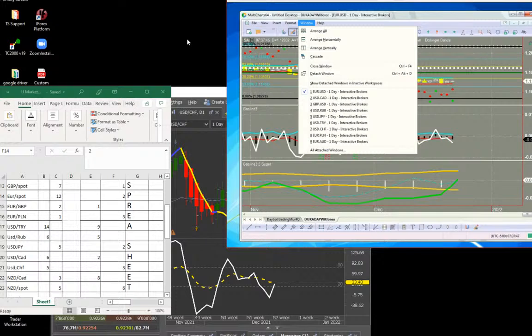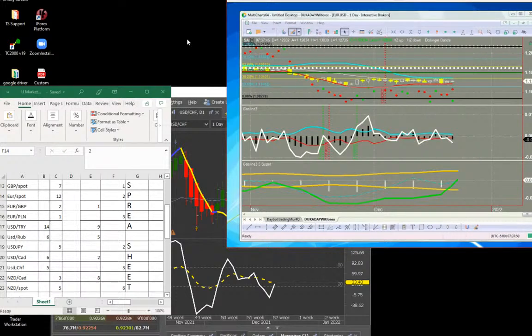I'm trying to look up now where the bond auction is. We'll have to hunt it down. But yeah, there's a bond auction. I'm sure we could find it on Dukascopy's economic calendar.